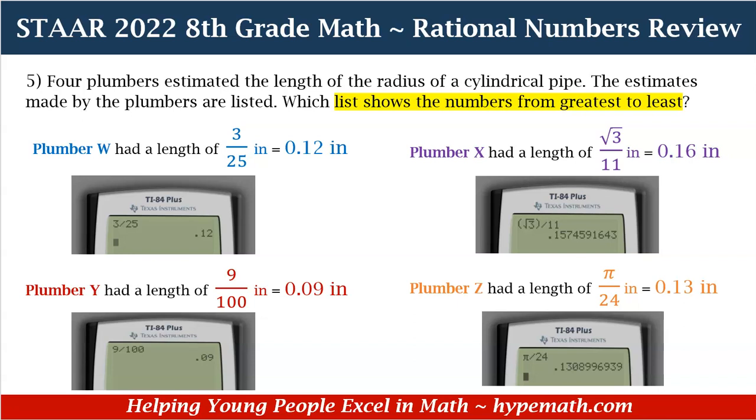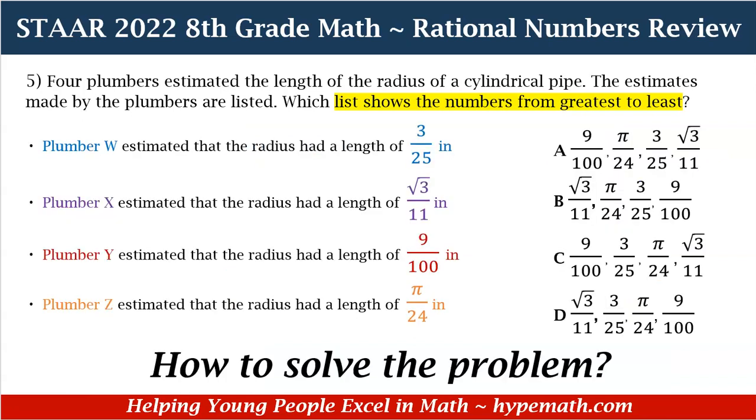So now that we have all of our numbers in the same form, in decimal form, the next thing we need to discover is, how do we solve this problem? And if you see, 8th graders, I've color-coded the numbers so you can follow along with the plumber and also their original number and also what the decimal conversion is.